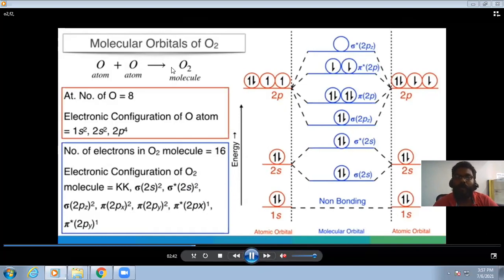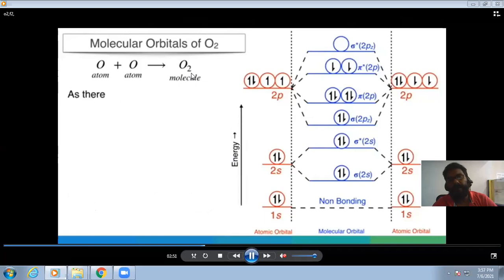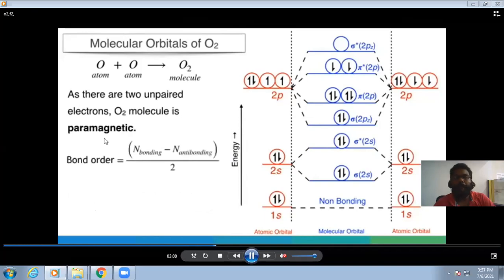And O double bond O, that is the indication. O double bond O, that is the important part. Right? Unpaired electrons: 2 unpaired electrons are there. As there are unpaired electrons, the O2 molecule is paramagnetic. How can you see?